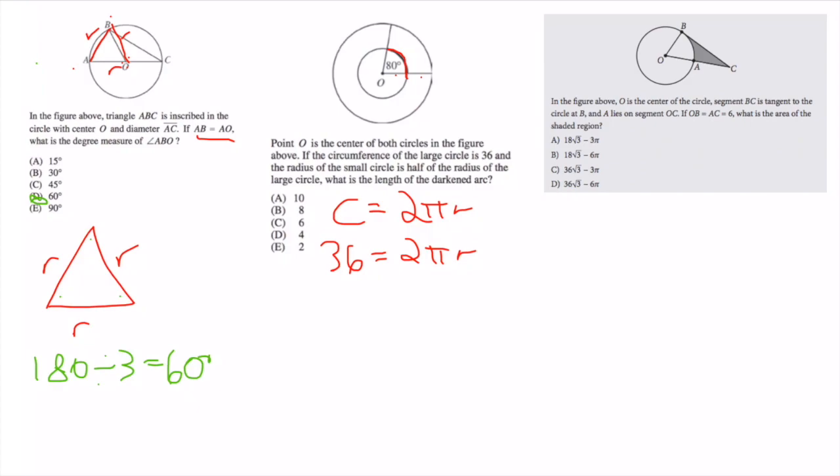Because pi will be in my smaller circle too, I don't really have to eliminate it, but the simplest way to do this is to divide by 2 pi. So we're also dividing this by 2 pi. What I'm left with is that the radius of the big circle is 5.73.